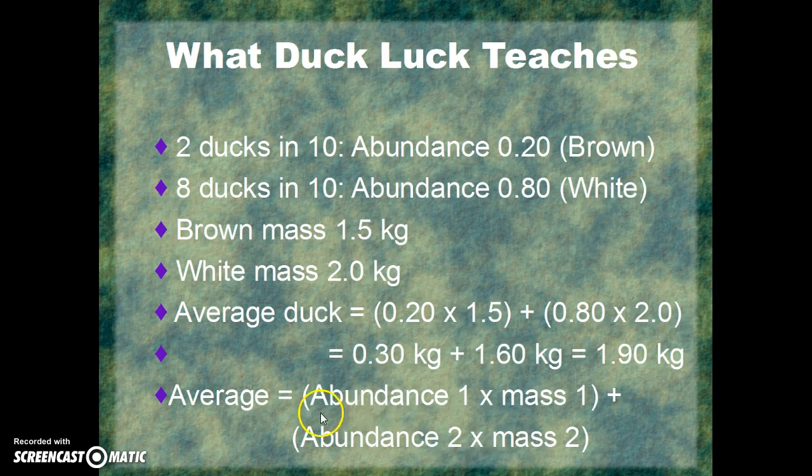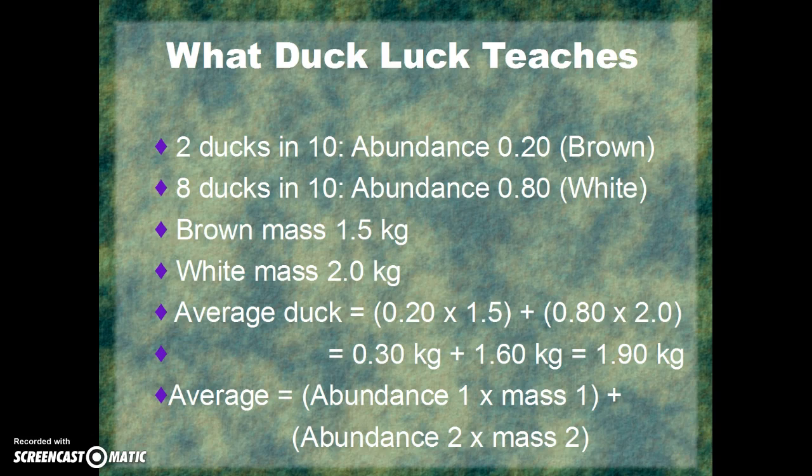The average is always equal to the abundance of the first type times its mass, plus the abundance of the second class times its mass. Notice that neither of these ducks, neither the brown nor the white, is the average duck. The average duck simply doesn't exist here.